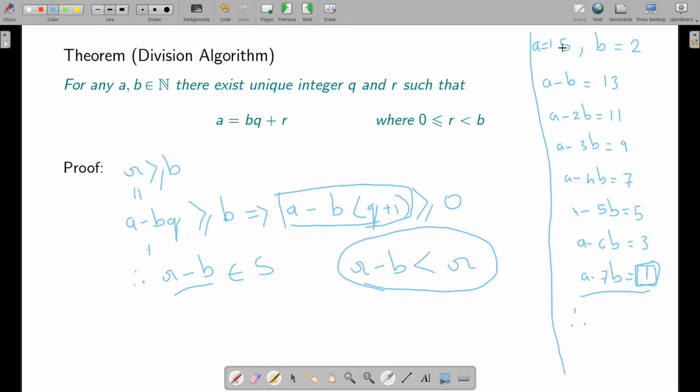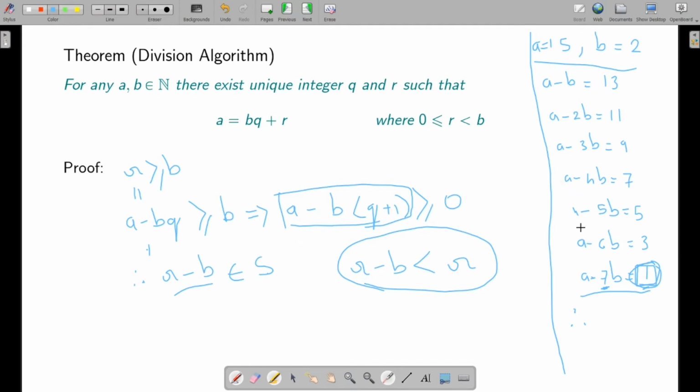When I divide a by b, your remainder is going to be 1, right? Everyone should know this. When you divide 15 by 2, your remainder is 1. That's what division is. You keep subtracting till you get the smallest positive number. That is your remainder. And the number of times that you have subtracted, in this case 7, is the quotient. That's exactly what division is.